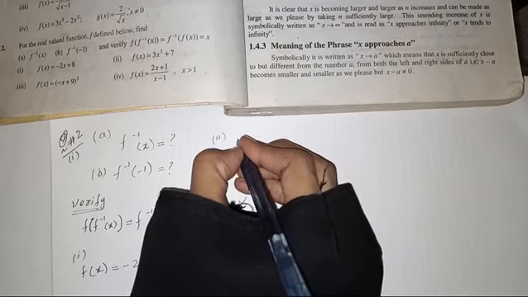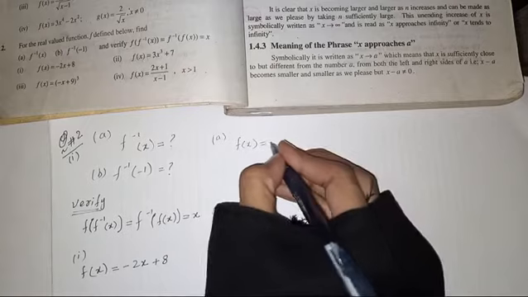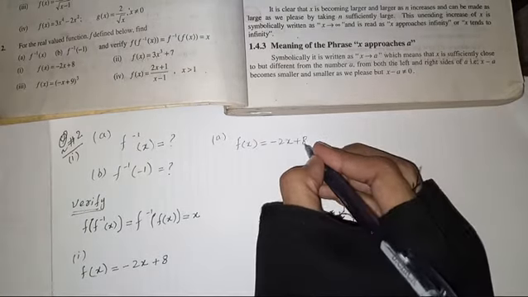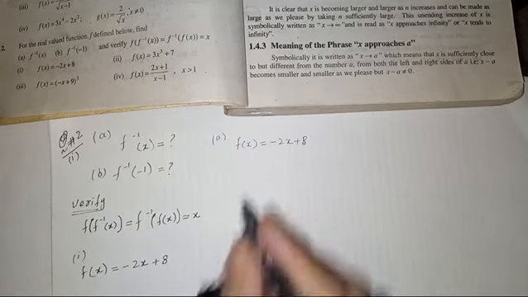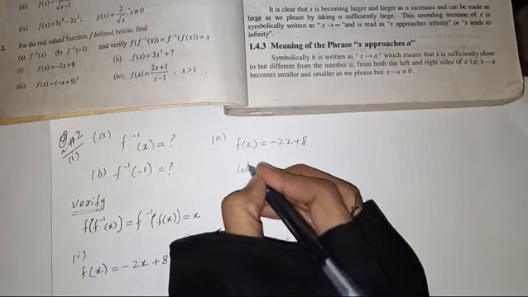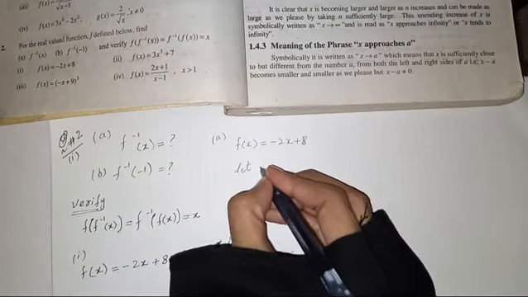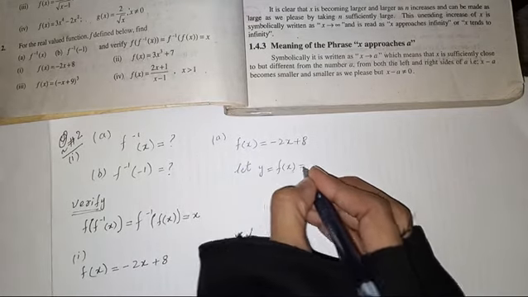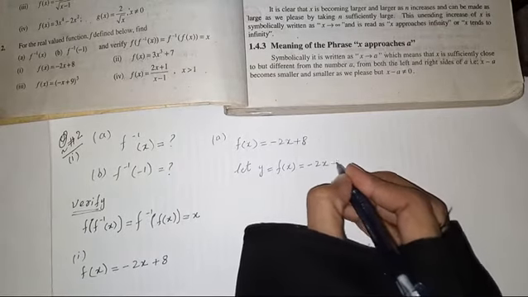To calculate f inverse x, first of all write the given function, that is f of x is equal to minus 2x plus 8. Okay, to calculate first part, that is f inverse x, suppose we have taken y is equal to, let y is equal to f of x, that is equal to minus 2x plus 8 as it is given here.